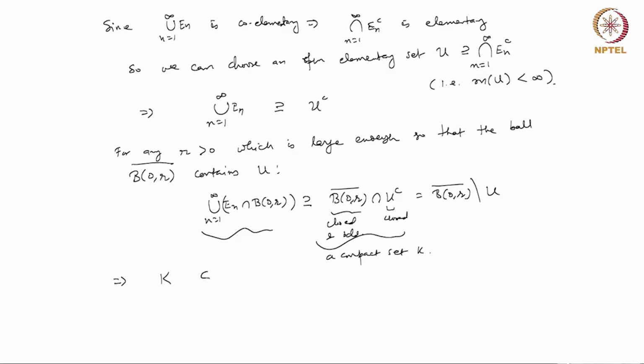So this compact set K is contained in the union of En's where n belongs to some index set IR, which is given by the set of natural numbers such that En intersection B0R bar is not empty, because the others, if they are empty, we can discard them.